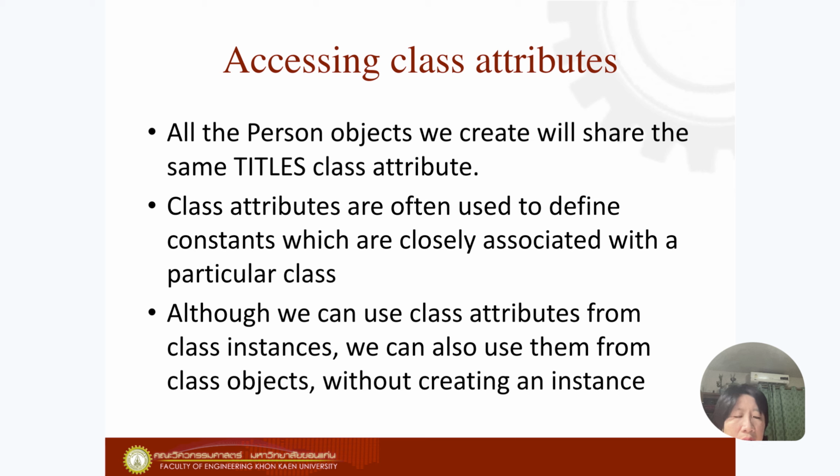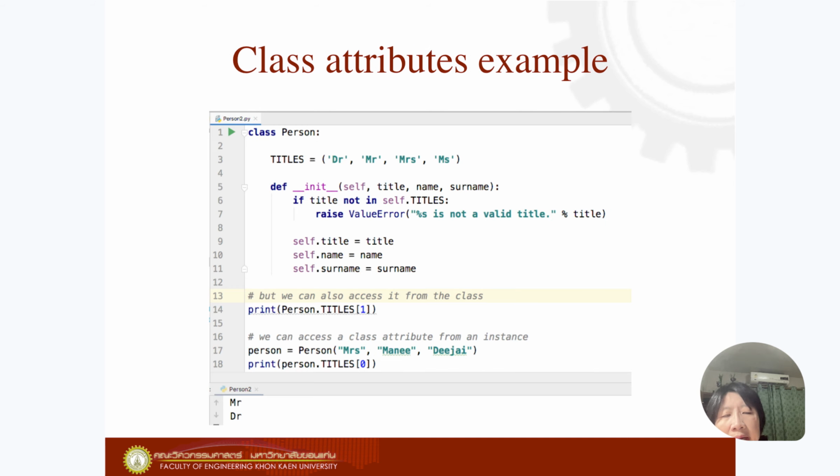Okay, so all the person objects will actually share the same title class attribute, and class attributes are often used to define constants which are closely associated with a particular class. Although we can use a class attribute from a class instance, we can also use it from the class object without creating an instance. Let's look at the example here. Here we have title as a tuple: Dr., Mr., Mrs., and Miss.